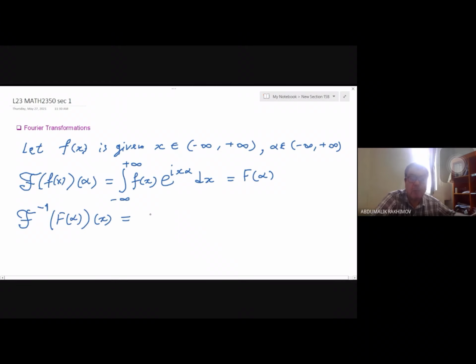The inverse transformation is given like this: 1/2 pi integral from minus infinity to plus infinity of F(alpha) exponential minus iota x alpha d alpha. Of course, in most cases, this will be equal to f(x).